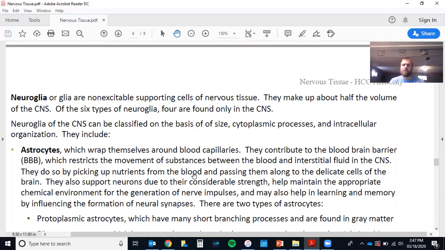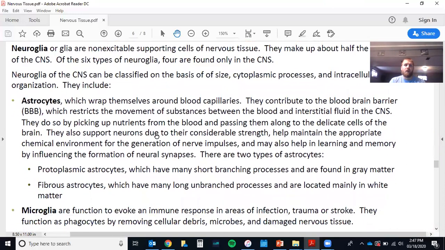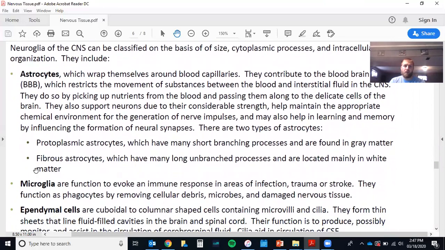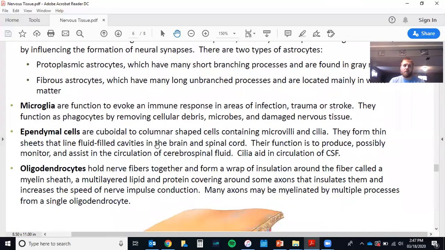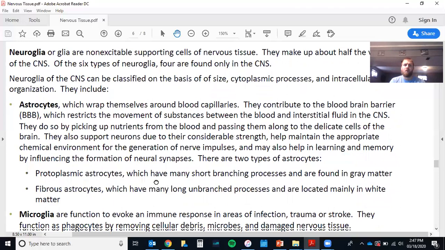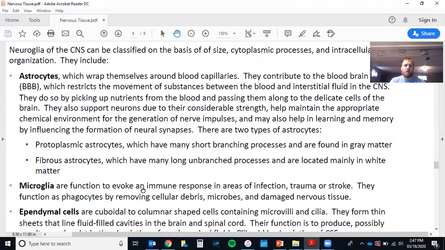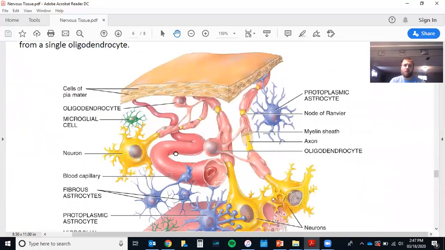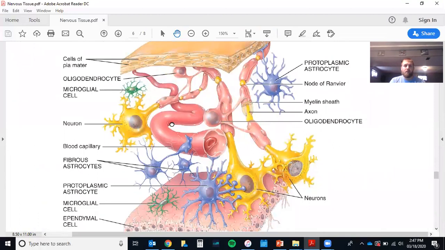And speaking of the central nervous system, there are 4 that are found in there, and that's what these 4 listed on this page are. That means there are 2, since there's 6 total, that are strictly found in the peripheral nervous system. We'll talk about those on the next page, but first let's talk about the 4 that make up the central nervous system.